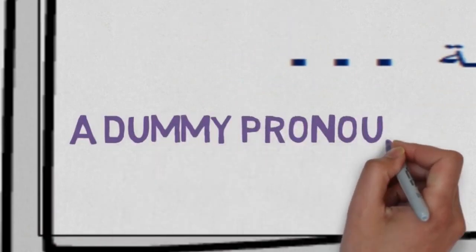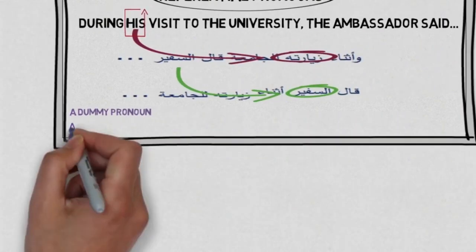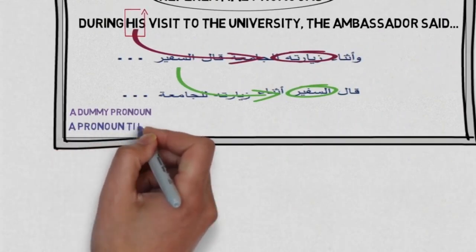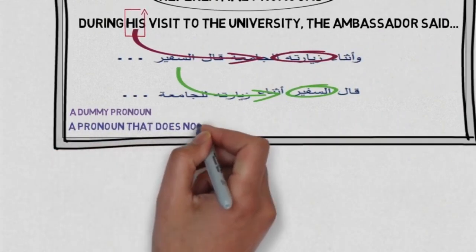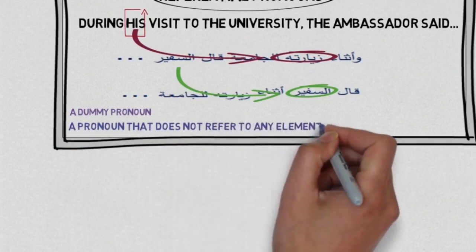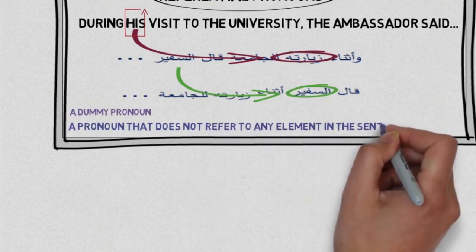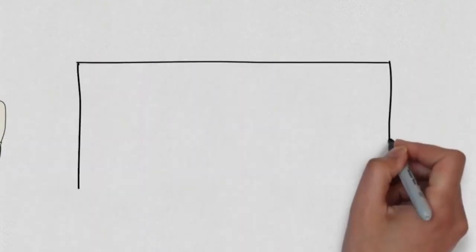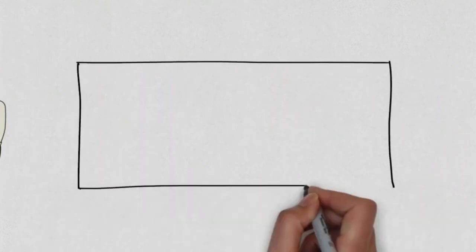So, this should be an antecedent to the pronoun in classical Arabic. If the pronoun doesn't refer to any element in the sentence, this is called a dummy pronoun in English. This is extensively used in English, but we may also find similar cases in Arabic.